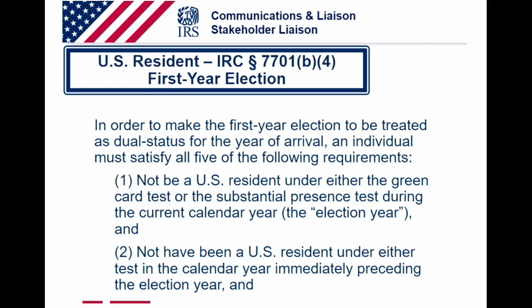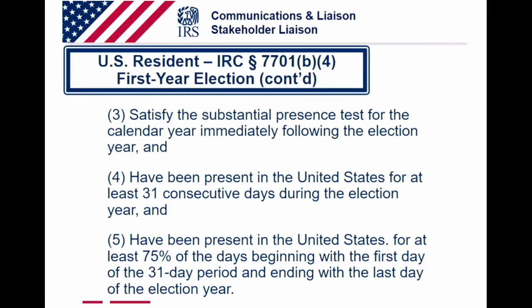not have been a U.S. resident under either the green card test or the substantial presence test during the year in question, also referred to as the current year or the election year, and not have been a U.S. resident under either test in the calendar year immediately preceding the election year.